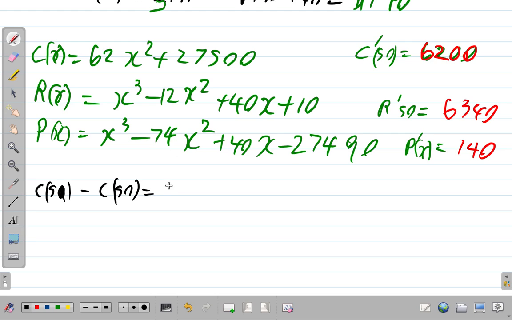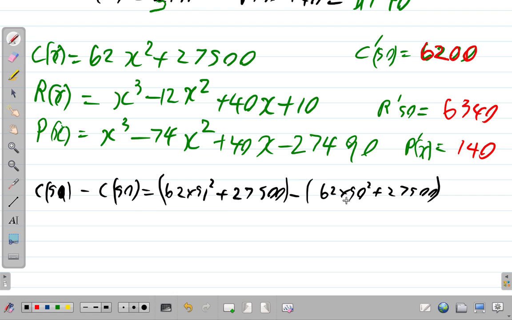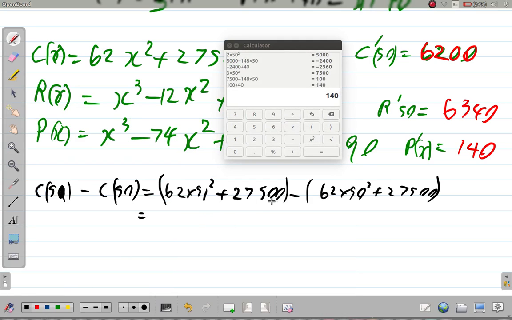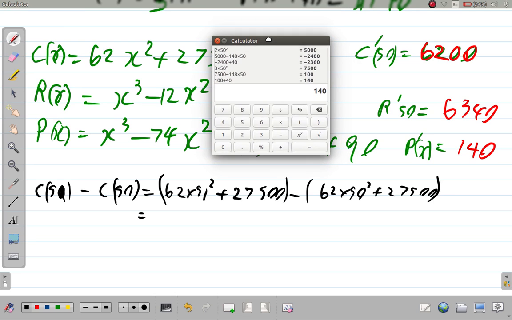The 51st item would be 62 by 51 squared plus 27,500, minus the cost of the 50th item, 62 by 50 squared plus 27,500. Let's work this out and see if we get something close to 6,200.